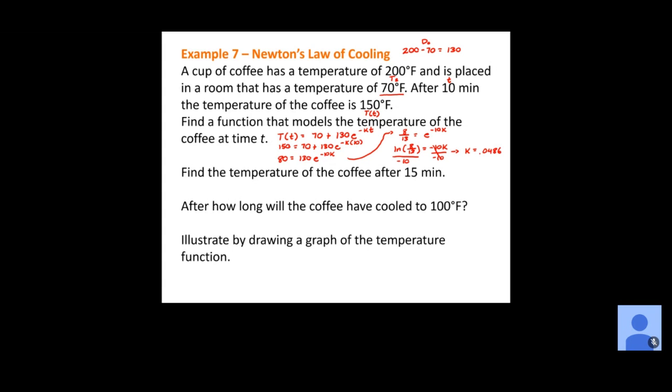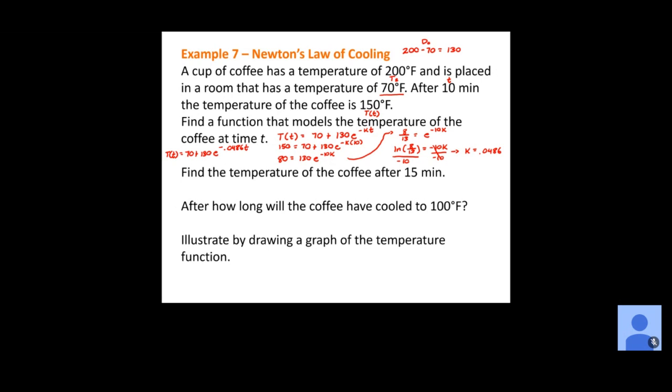Now we're going to take that k value and substitute it back into our formula. So this is going to give us T(t) equals 70 plus 130 times e to the negative 0.0486 times t. That would be our function to model that cooling situation.